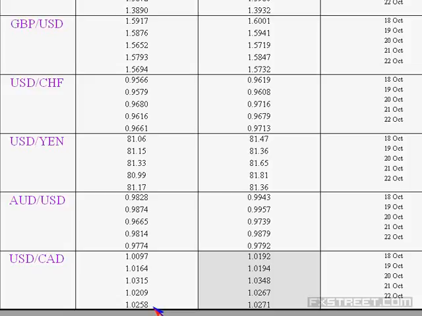In the case of the Canadian dollar, 1.0258 was the initial low, and they went below that to 1.0226. Subsequently, they made a drop to 1.0235 during the European session. They made a rise also to 1.0300.